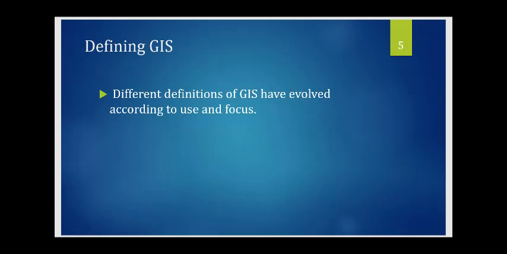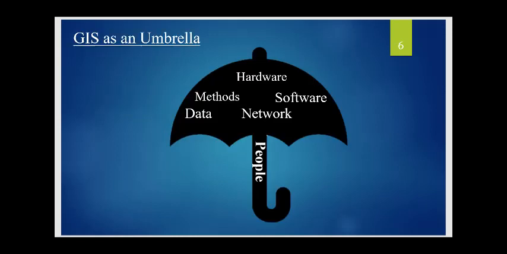Different definitions of GIS have evolved according to use and focus. You may define GIS as a toolbox, as a science, as an industry, and so on. Geospatial technologies are embedded in our social landscape. GIS can be thought of as an umbrella composed of 6 parts that, when working together, produce systems with many capabilities.